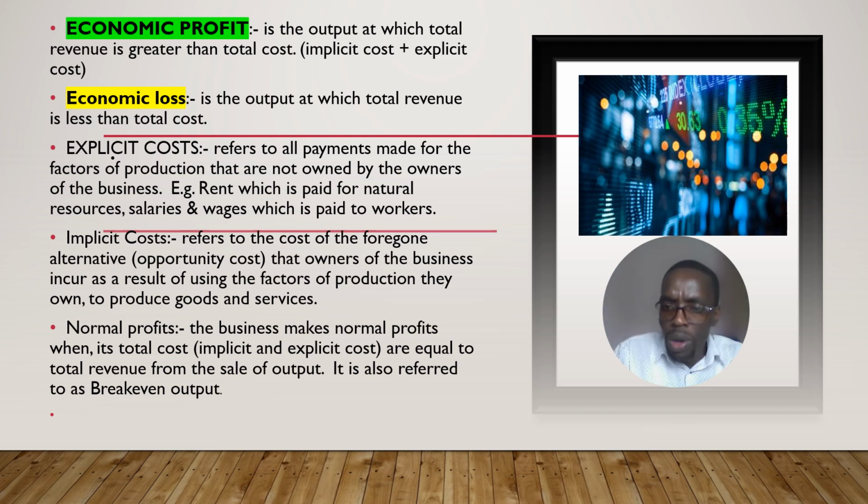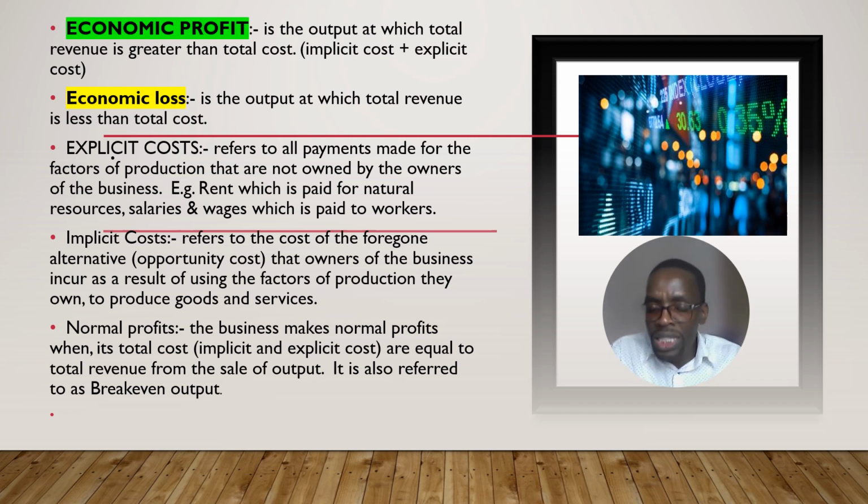For example, capital is owned by the owners of the firm. If they decide to use a capital amount of maybe 100,000, the implicit cost there is the alternative that has been foregone.